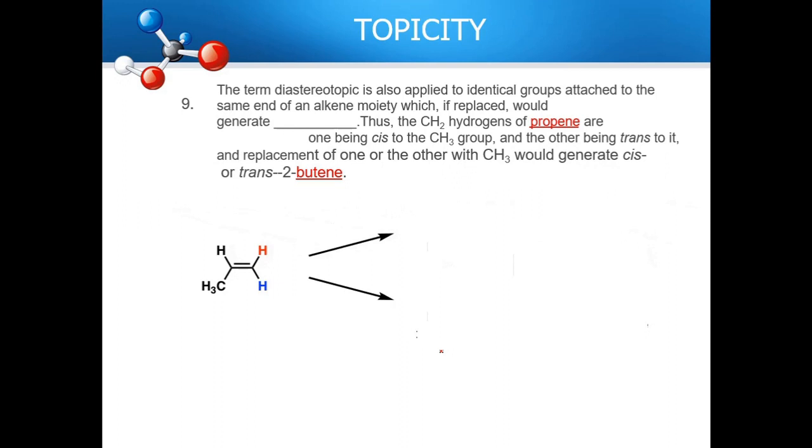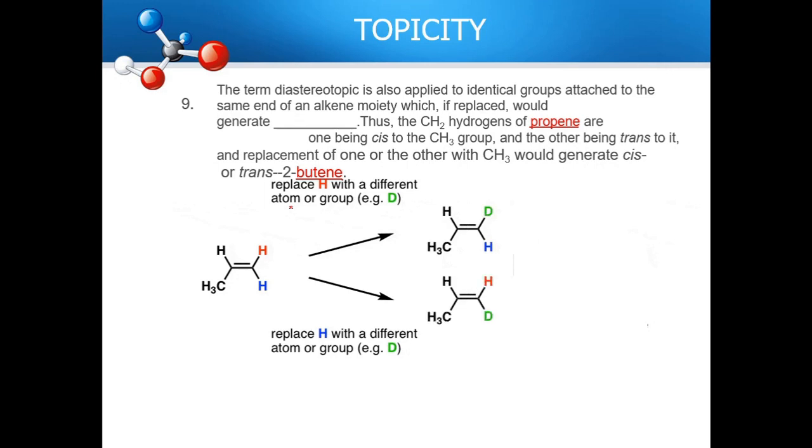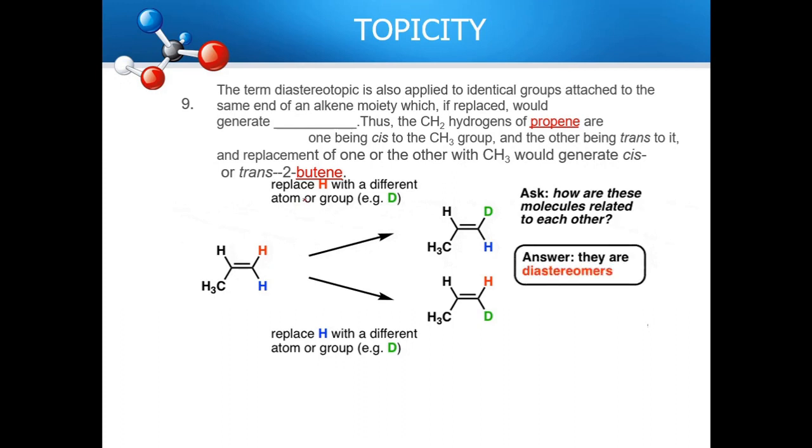Now, the term diastereotopic is also applied to identical groups attached to the same end of an alkene moiety, which if replaced would generate diastereomers. So if we try to replace the hydrogen with a different atom or group, for example deuterium, what would we get? So we will get two molecules. How are these molecules related to each other?